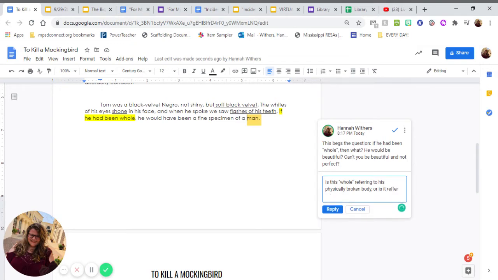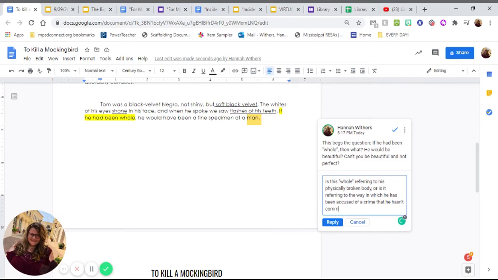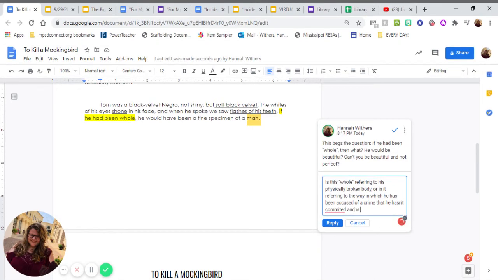Or is it referring, that's not how you spell that, sorry y'all, to the way in which he has been accused of a crime that he hasn't committed and is now sentenced to rot for that thing, right?